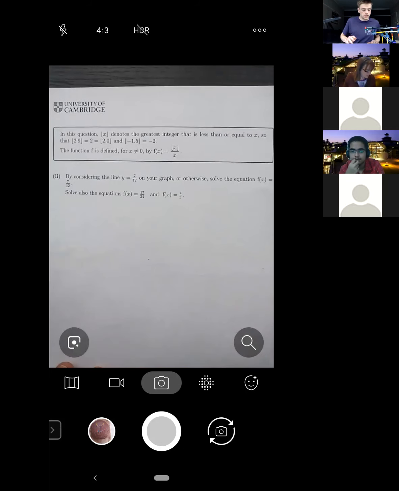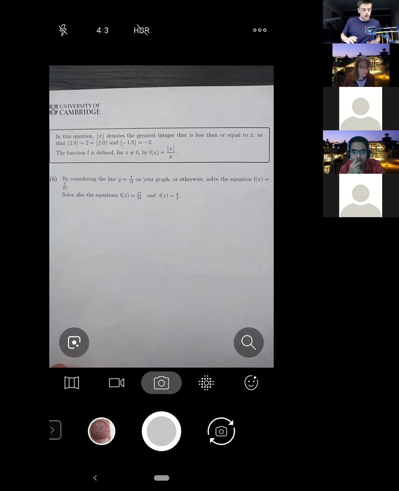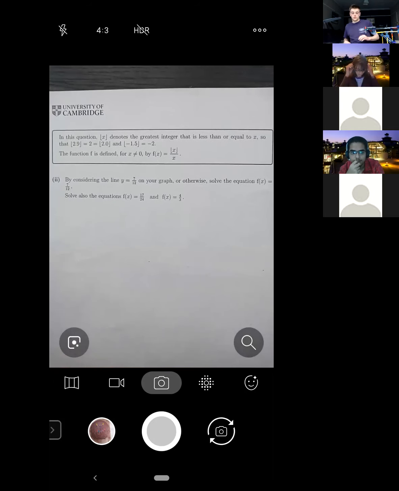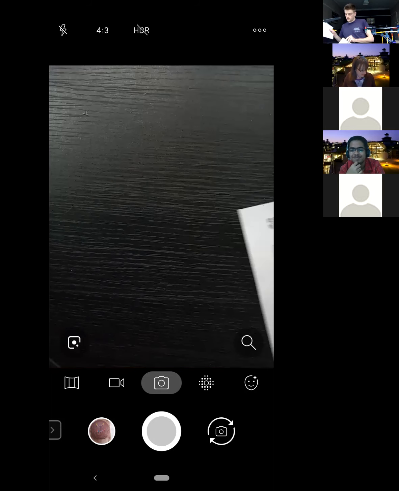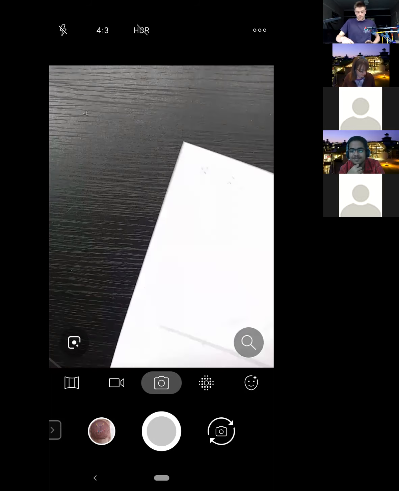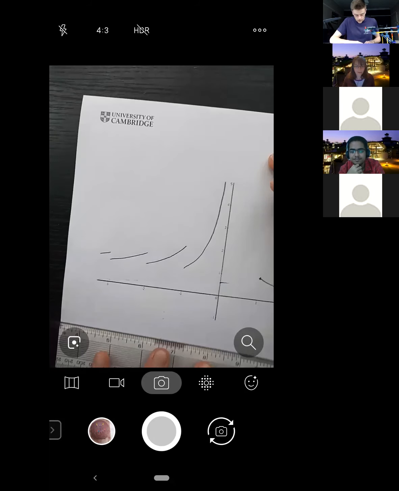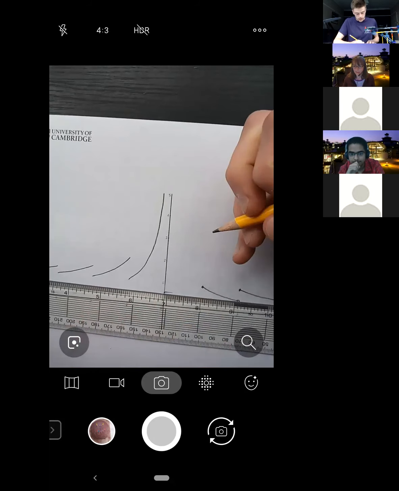So this is the next part of the question. By considering the line y equals 7/12 on your graph, or otherwise solve the equation f of x equals 7/12. So a good idea if they tell you to consider something is to consider it. So if we take our graph, now let's think about this carefully.